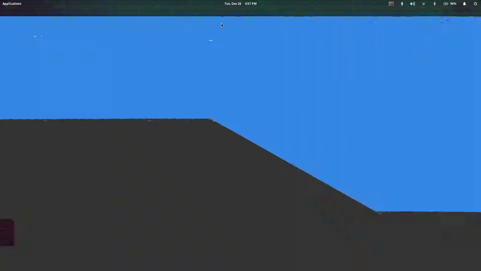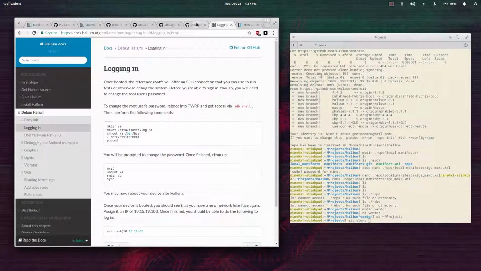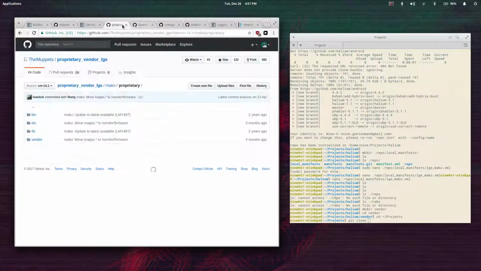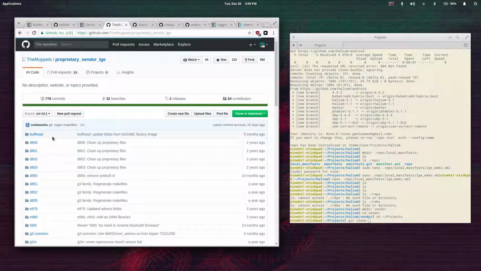Alright, this is going to take a while on Aussie Internet. Wait, vendor. Shit.